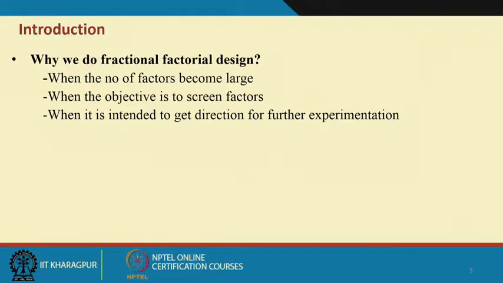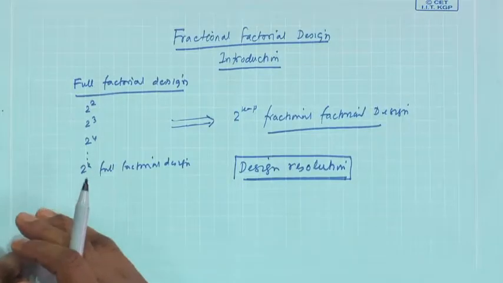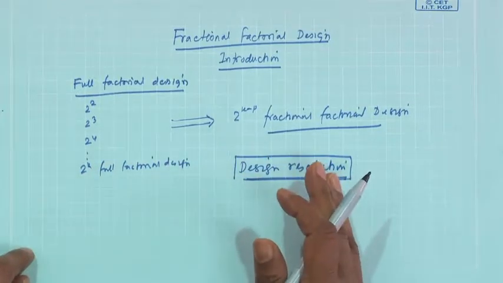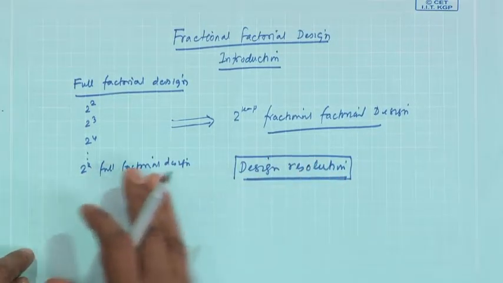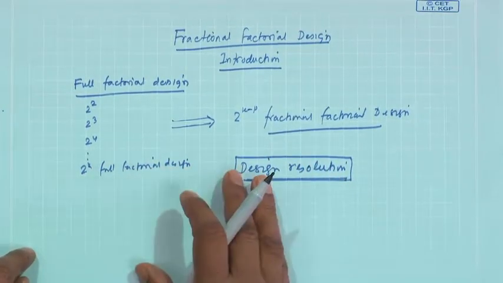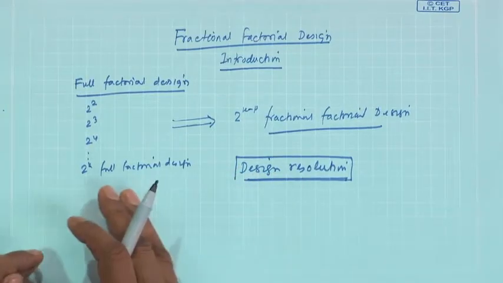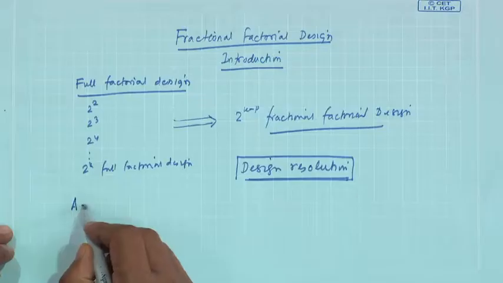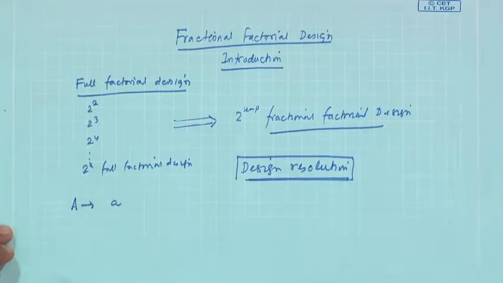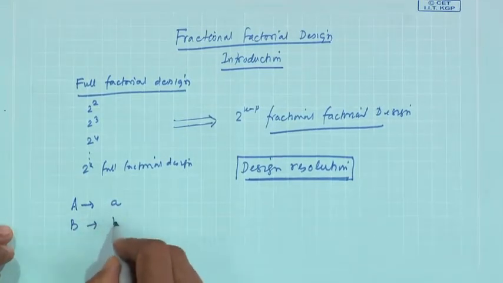So, obviously you may be thinking that if you see the lectures from the beginning to today's lecture, initially we started with several factors, and each factor with several levels. Suppose factor A with a number of levels, B with b number of levels.